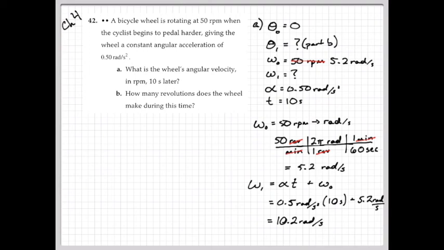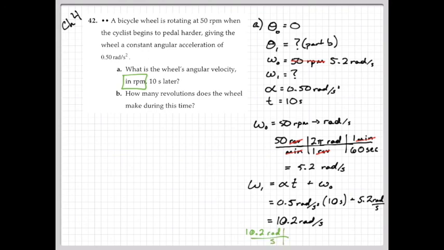However, if you look back in part A, it tells us very specifically that it wants the answer in RPM. So we've got to go through and do the conversion process again. Now it's slightly different because we started with RPM and went to radians per second. Now we want to reverse that process. So we start out by writing it as 10.2 radians over seconds.